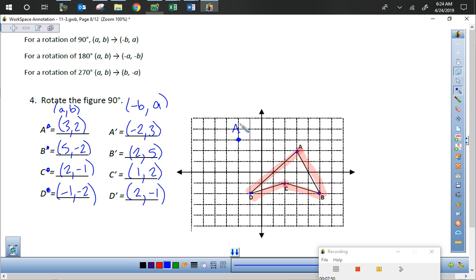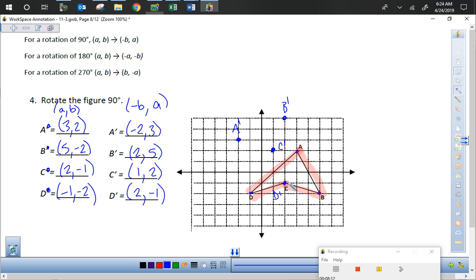That's our A prime. 2, 5 is to the right 2 and up 5. 1, 2, right 1, up 2. And then D is 2 to the right and down 1. You'll notice D prime fell on C. That's okay because of that overlap.